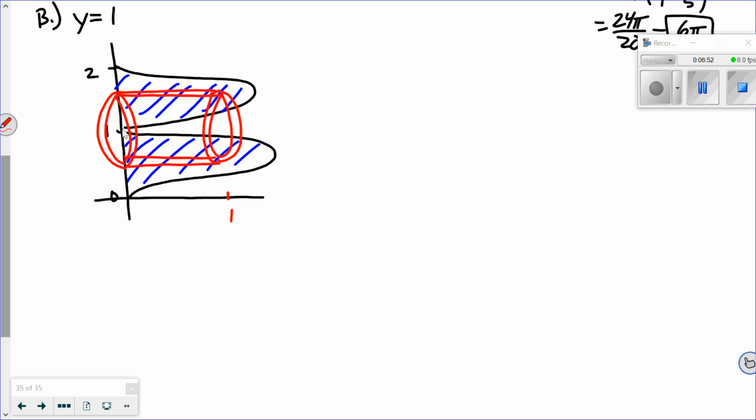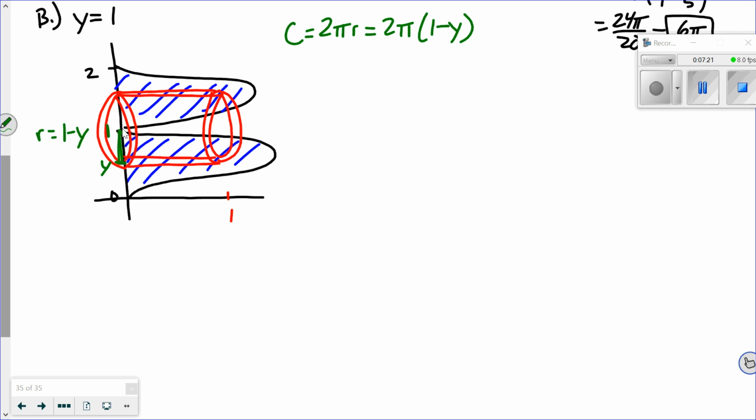Now this time for my radius, my radius would be 1 minus whatever this y value is. So my radius would be 1 minus y. In this case, the circumference is equal to 2 pi r, or 2 pi (1 minus y). I'm not going to distribute that right now because we'll be able to pull the 2 pi out in front of our integral.